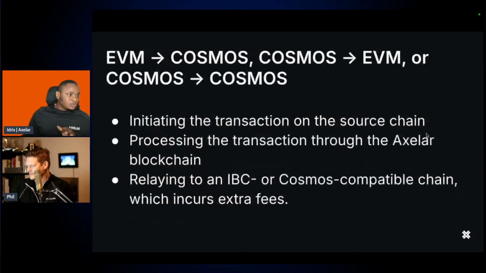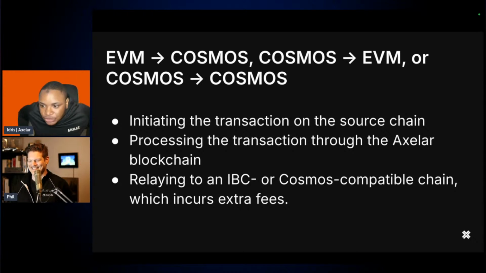But when it comes to EVM to Cosmos chain, because we also support Cosmos chains, we have Cosmos GMP, maybe Cosmos to EVM, or even Cosmos to Cosmos. We think about 3 things. First, initiating the transaction on the source chain; that's one cost consideration that helps determine the gas price. The second is processing the transaction through the Axelar blockchain, which is another cost we factor in.